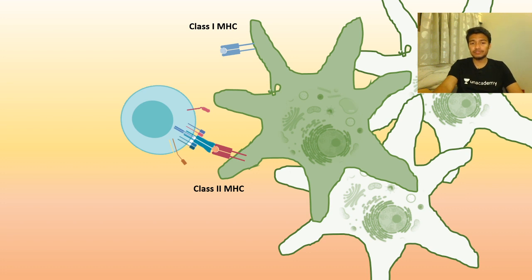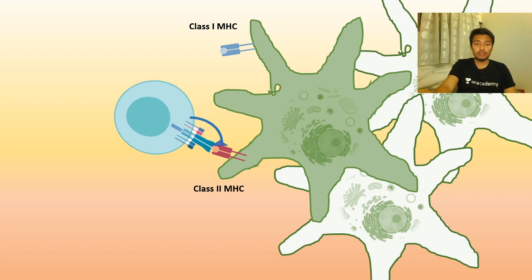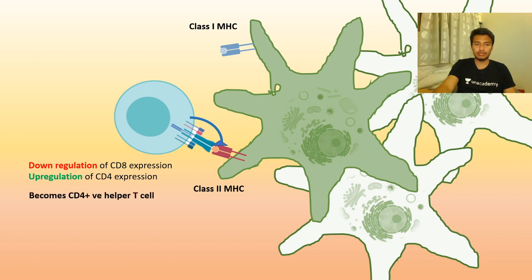If a double positive cell tries to recognize peptides present in class 2 MHC, then these cells would stop expressing CD8 co-receptor and start upregulating CD4 expression. And it becomes a CD4 positive T helper cell.